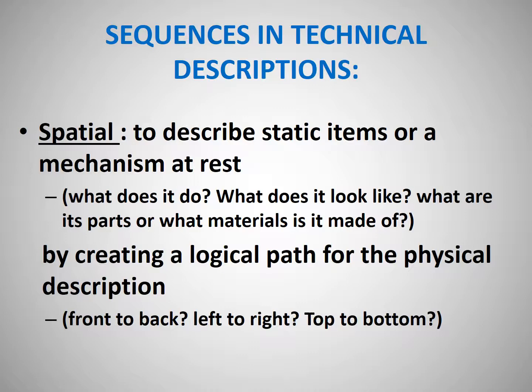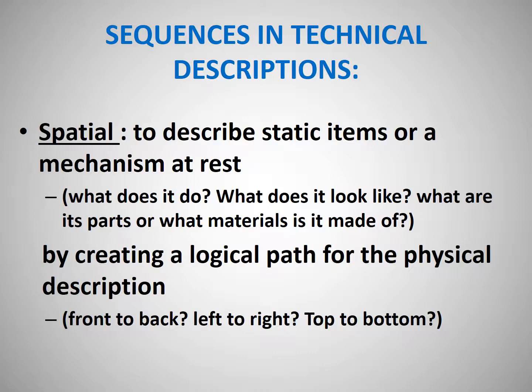Right? To do the best job of giving me that information, what I do is create a logical path for the physical description of this thing. Logical meaning, am I going to describe it from what it looks like from the front all the way to the back? Am I going to describe what it looks like from the left all the way to the right?